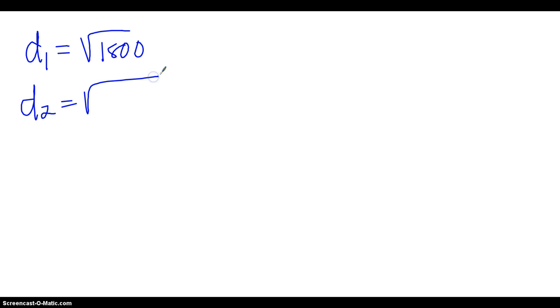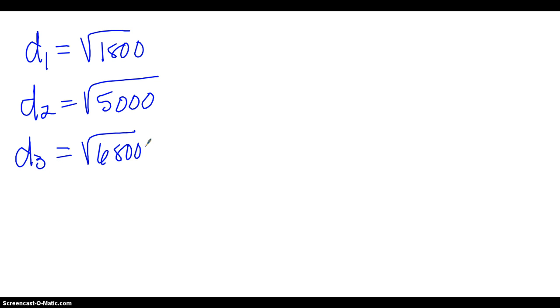So distance 1 is the square root of 1,800. Distance 2 is the square root of 5,000. And distance 3 is the square root of 6,800. Now I need to see whether a squared plus b squared is equal to c squared.